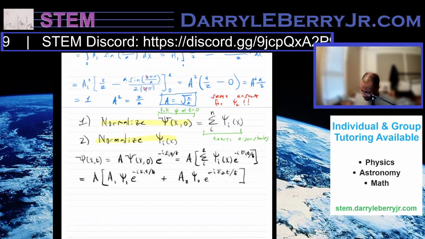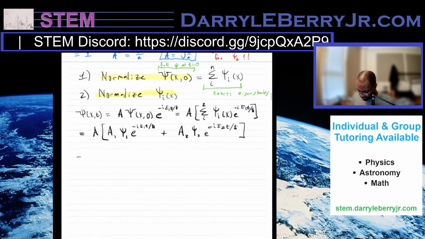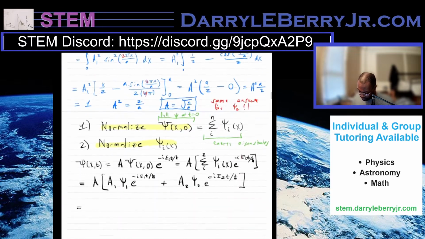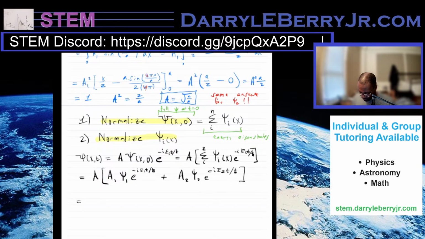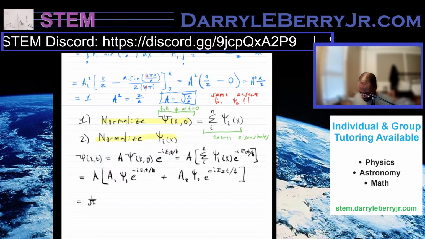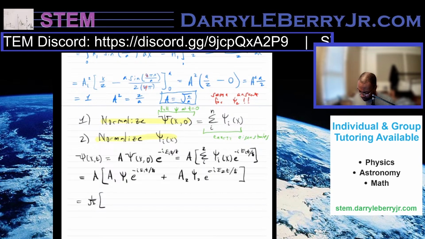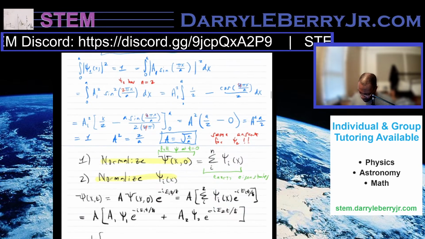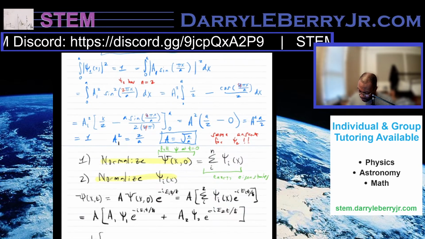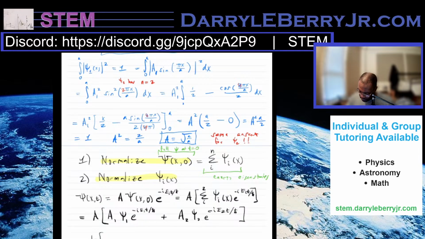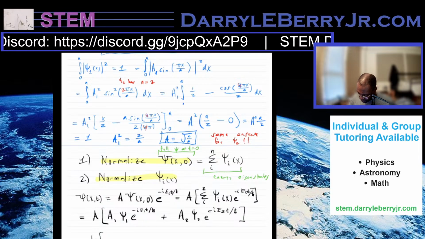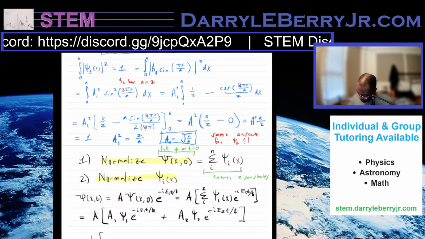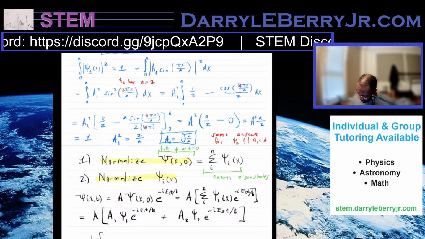So now I can plug everything in. So A was 1 over square root of 2. A1 equals A2.